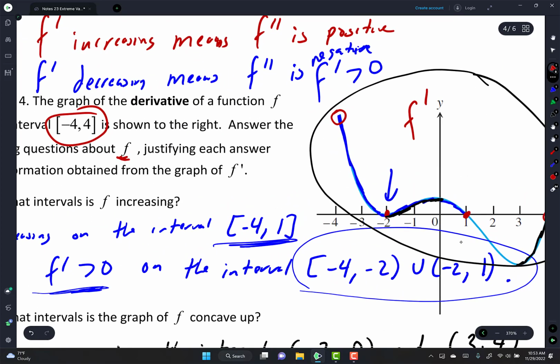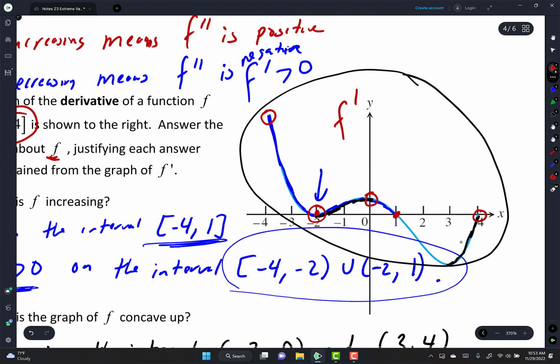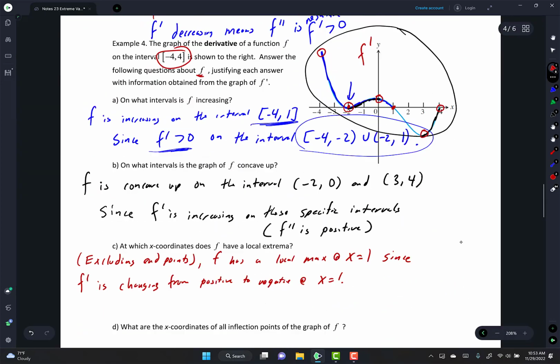Where does this f prime graph change from increasing to decreasing or vice versa? -2, that's one of them. 0, that's another. And 3. Do you guys see how we found that? So here we go. This is what we're going to write.